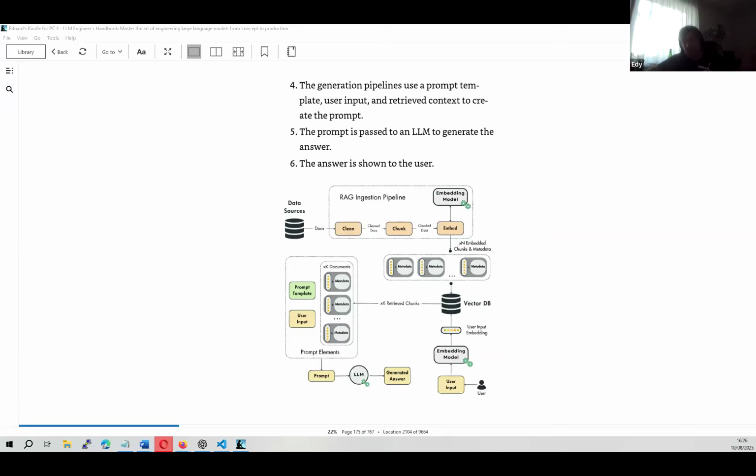Based on the context window, we decide how big the chunk is and how many chunks, what is the value of K.